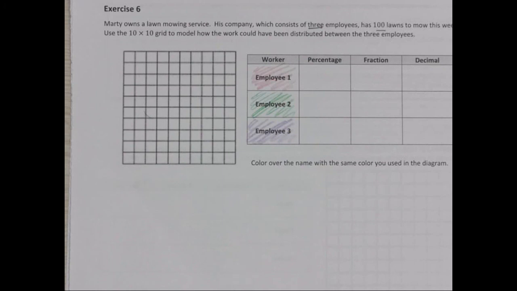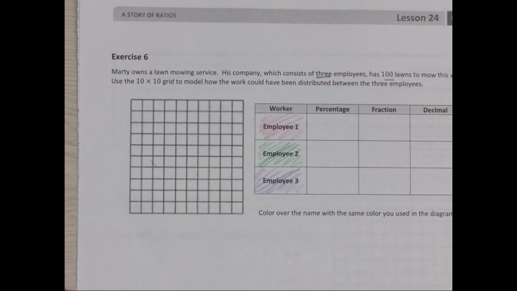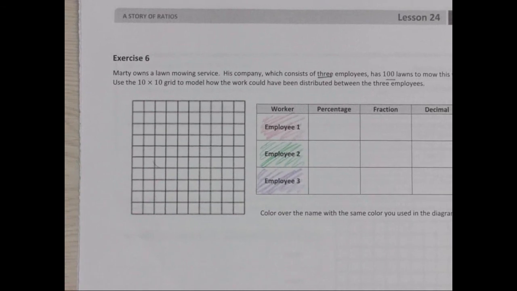So, it's up to you how you would like to split it up. Your homework is the same way. It's up to you how you want to split up your farm for your fruit trees on your homework.